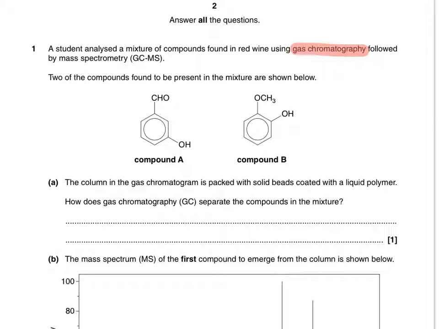Now you don't have to know about ethers, so if you're thinking, hang on a second, we haven't done that, that's true, you don't have to know about ethers. But it doesn't mean they can't show you an ether style compound. So the ether linkage is basically this.